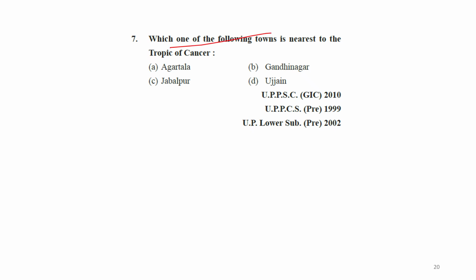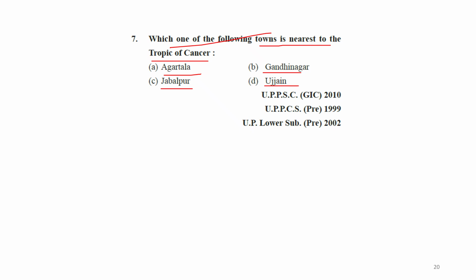Which of the following towns is nearest to the Tropic of Cancer? Agartala, Gandhinagar, Jabalpur, Ujjain. Again, I'm saying, please read the map. This is very, very important.